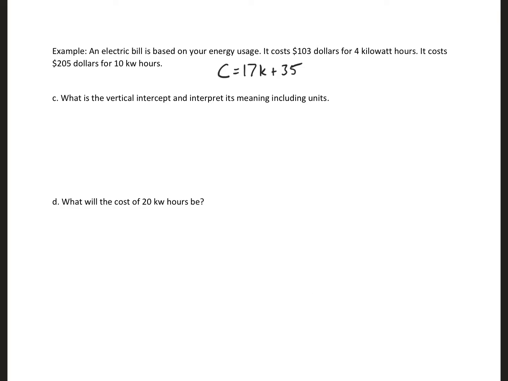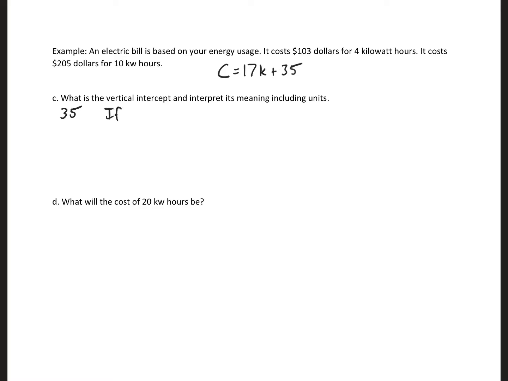Let's talk about the vertical intercept now. The vertical intercept in this case is 35. As we previously discussed, the vertical intercept will always be the output if we were to input 0. So essentially, this is just the starting cost if no kilowatt hours are used.